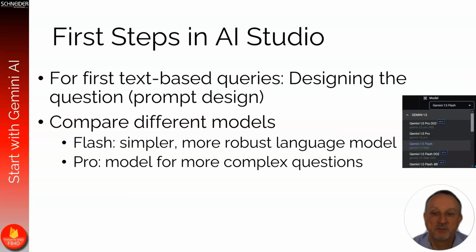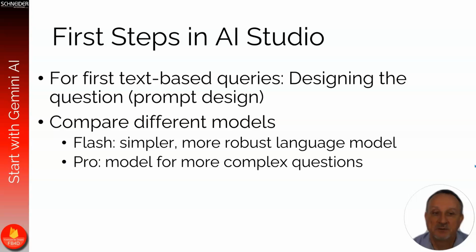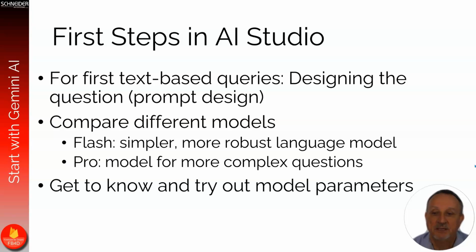Pro models, on the other hand, are designed for more complex questions. I will explain the model parameters later in the AI Studio. You can play with the current parameters and examine what effects the selected parameters have on the responses.